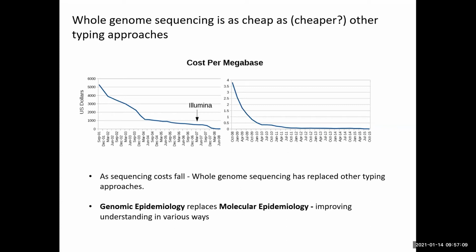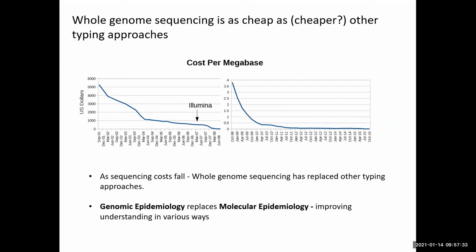So as sequencing costs have fallen, sequencing the whole genome has become really the typing approach of choice. It's no longer a terribly good idea to bother with any other typing method when it's so inexpensive, it's quite cheap to just sequence the genome.